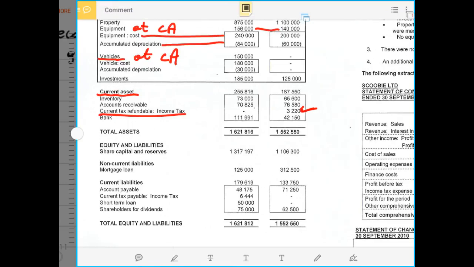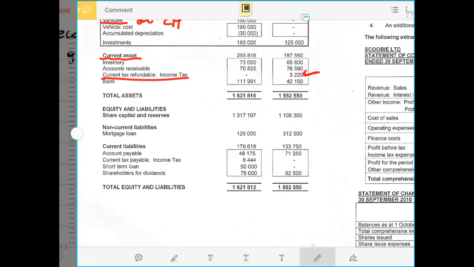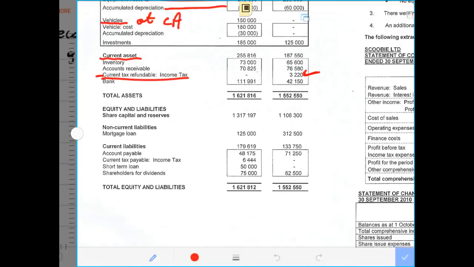Then after, I want to bring your attention once again to current liabilities. Under current liabilities, we have what is called current tax payable, the second one after accounts payable. That current tax payable is 6,444 rands, and it is under current liabilities.